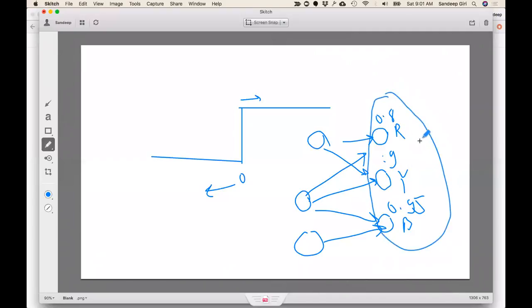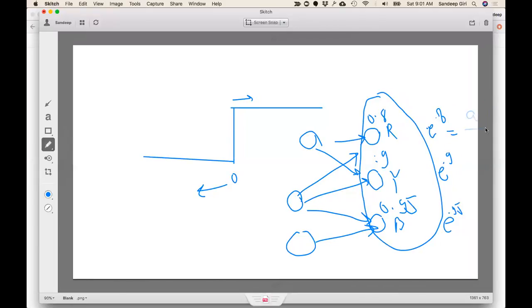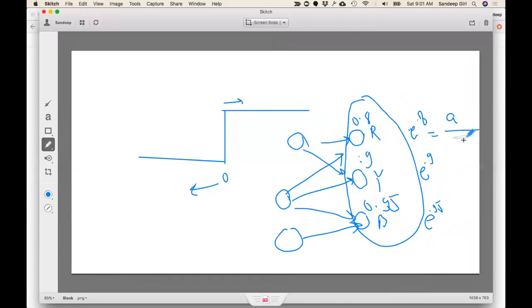So first of all, we compute the exponential of every value: e to the power 0.8, e to the power 0.9, and e to the power 0.95. Let's call these a, b, and c. Then we divide a by the summation of all, a by total, b by total, and c by total.